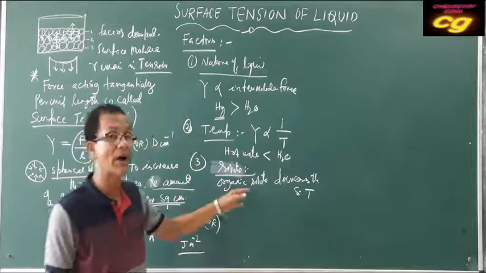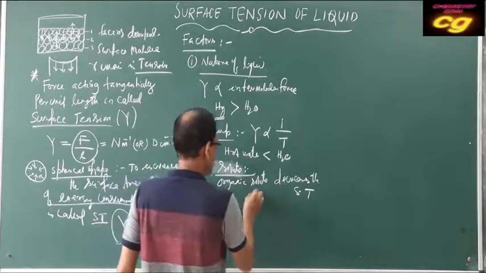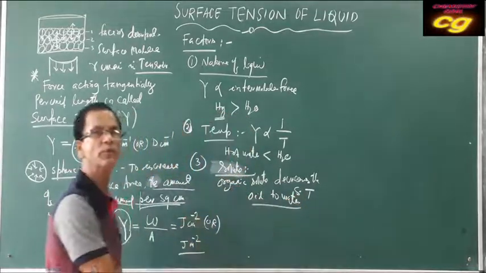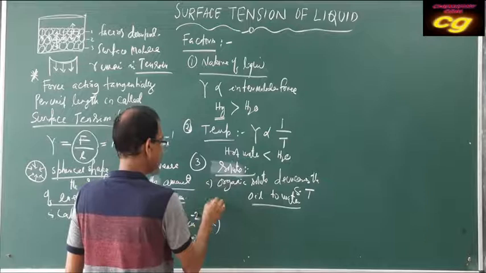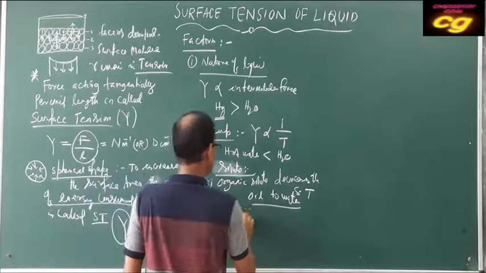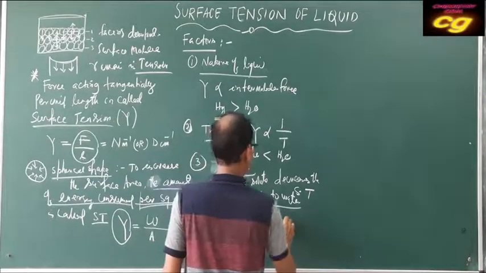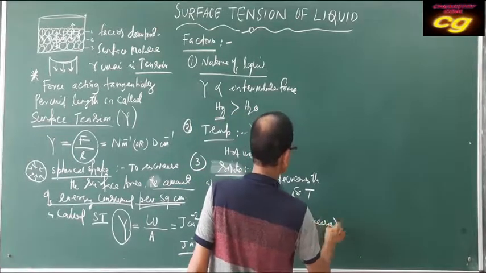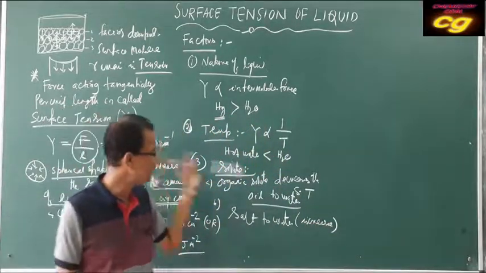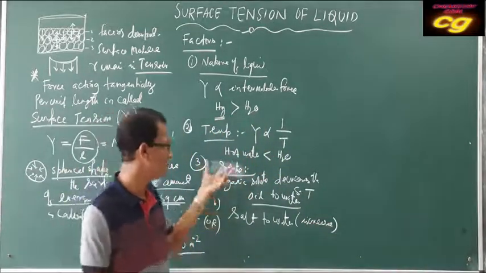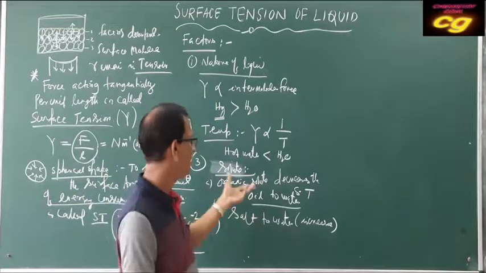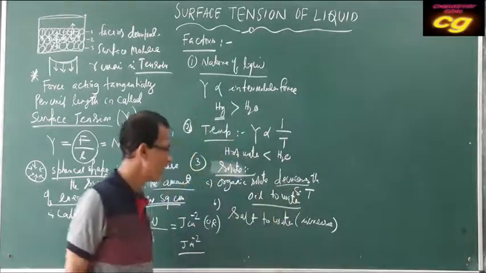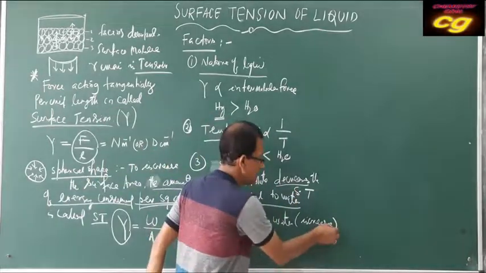Surface tension decreases when you add oil to water. Another thing, if you add salt to water, in this case it increases. So very important: when you add organic solute, like kerosene, petrol, any oil to water, surface tension decreases. But when you add salt to water, surface tension increases.